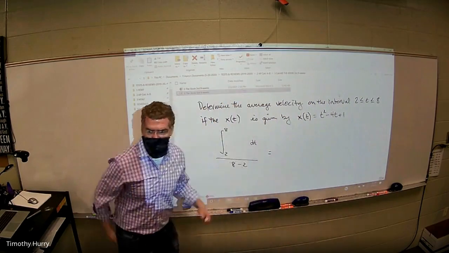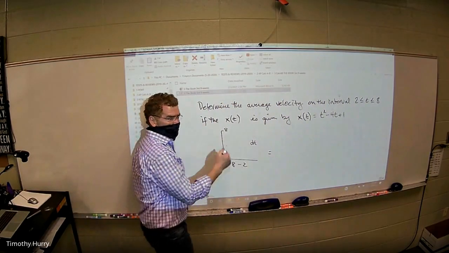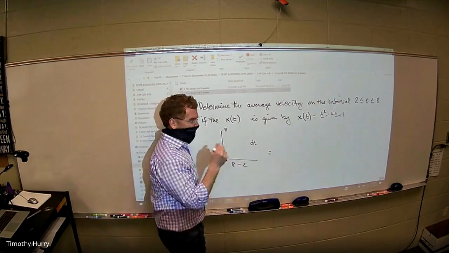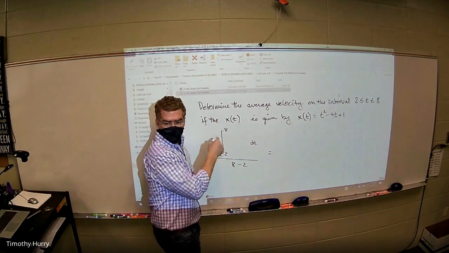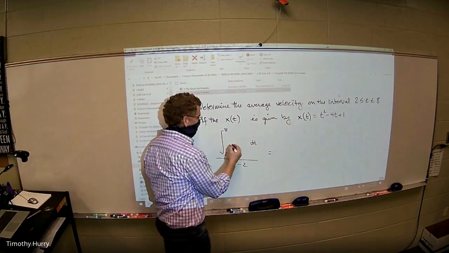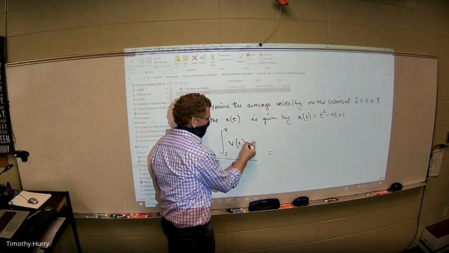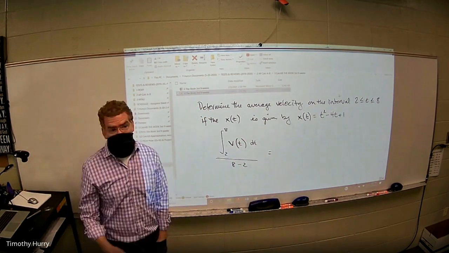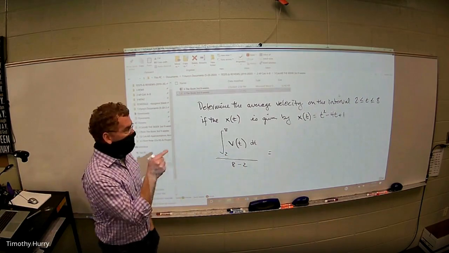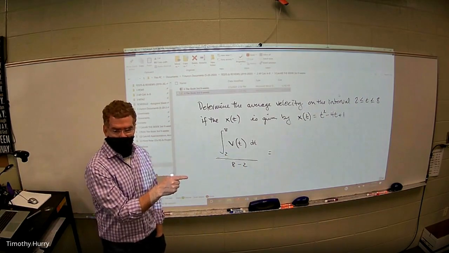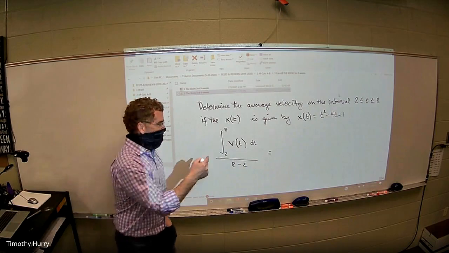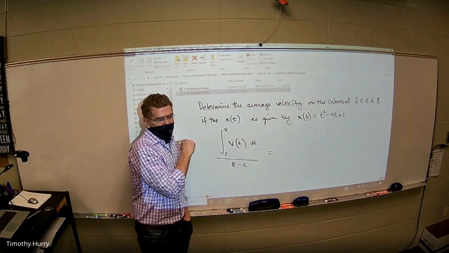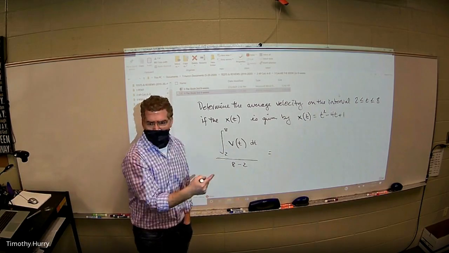Average velocity using the integral formula is still the integral of the velocity dt, right? But I don't have it. Now you could take position and do what? Take the derivative of it and shove it in there? But what are you going to be doing when you integrate? Undoing that.